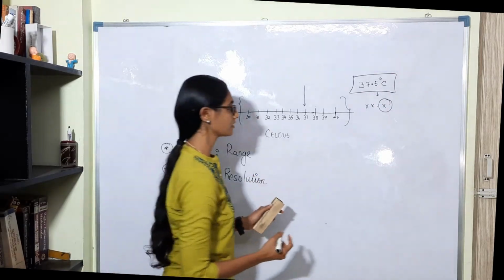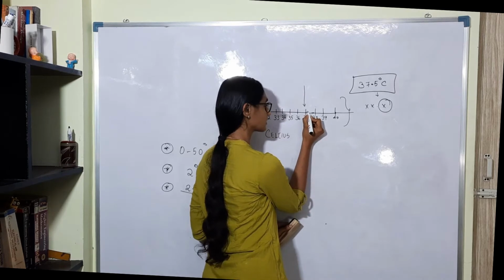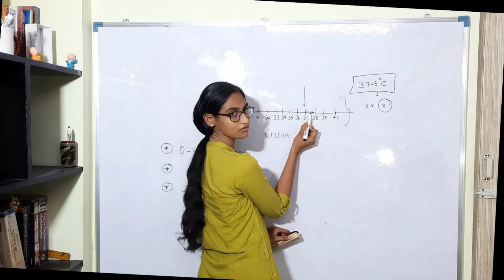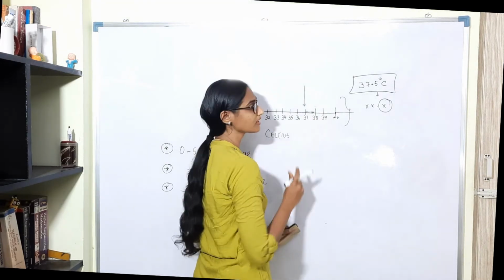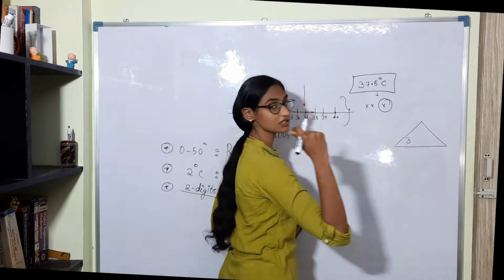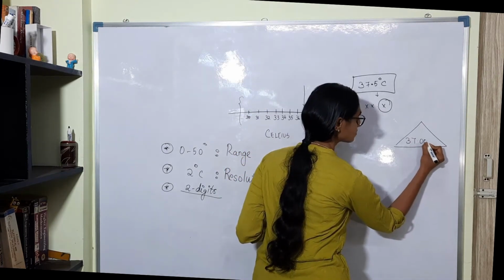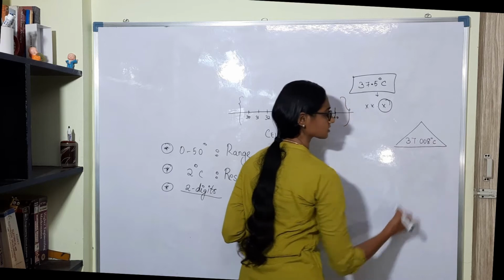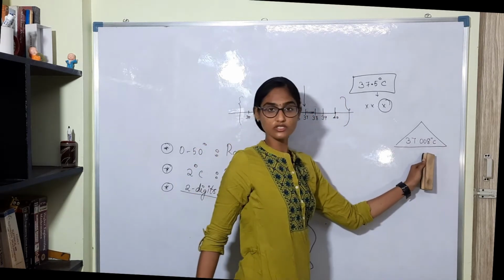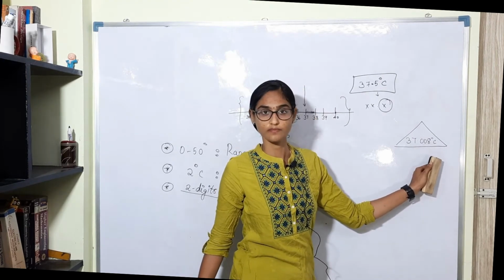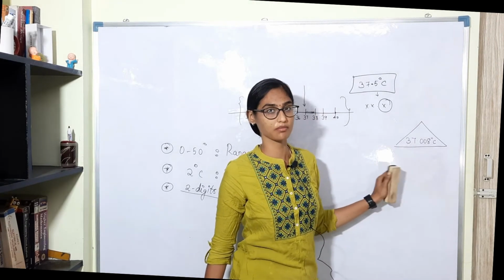Let's say, for example, your device has divisions like this. Up to 1, it is 37.1, 37.2, 37.3 and so on. And you are asked to measure the temperature of a medium which is 37.008 degrees Celsius. So, the medium's actual temperature is 3 digits after the decimal point. So, you need a device which is capable of that.